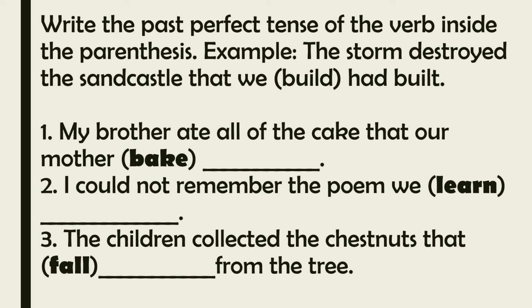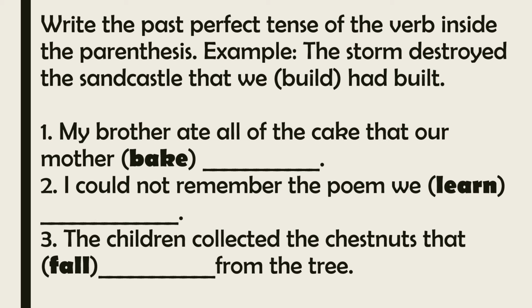So let us practice. Write the past perfect tense of the verb inside the parentheses. Example: the storm destroyed the sandcastle that we built. To change build into the past perfect tense, it is had plus the past participle, so build becomes built.